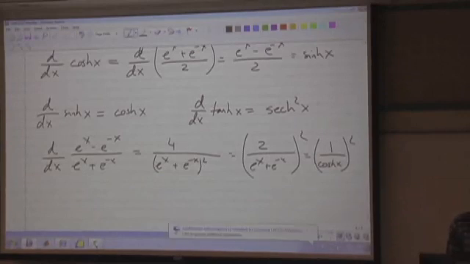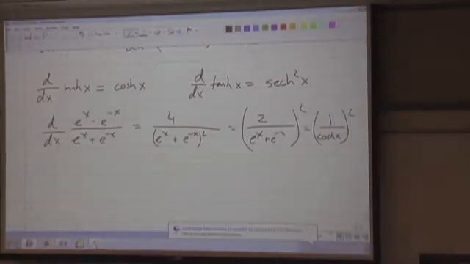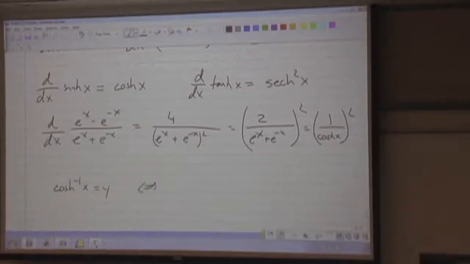Well, as it turns out, cosh inverse of x is equal to y is equivalent to saying cosh of y is equal to x, right? Now, if you remember the graph of cosh is always positive, and it looks like a U, right?